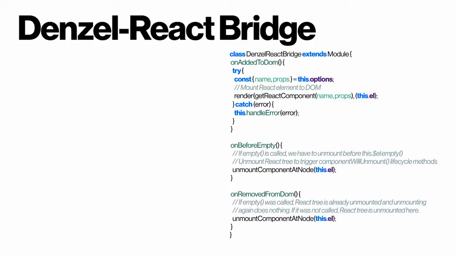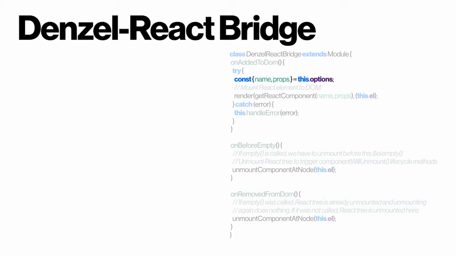You can see on this slide a very simplified version of this component, Denzel-React Bridge, and it's a Nunjucks module. And now let's take a quick look at how it works.